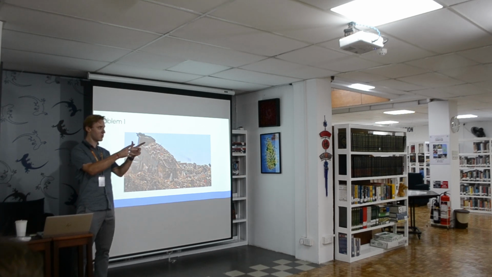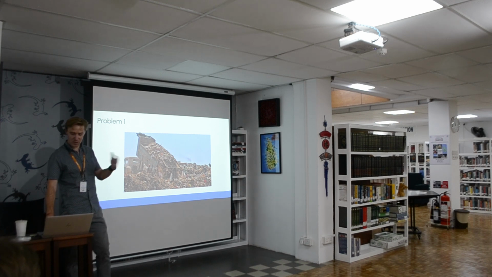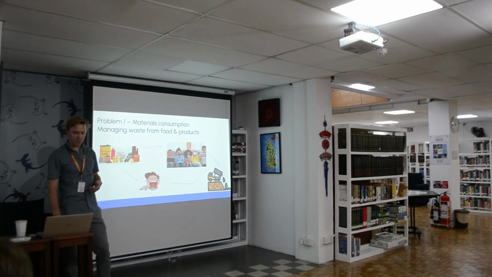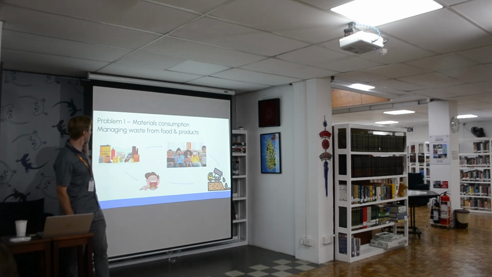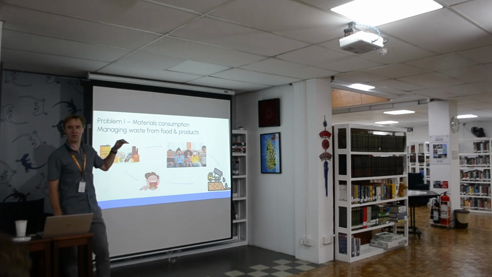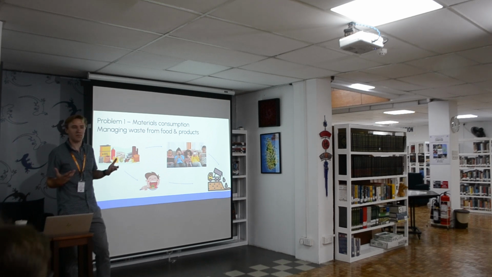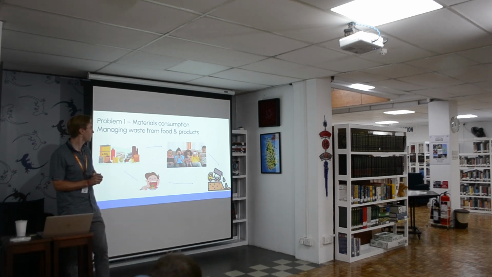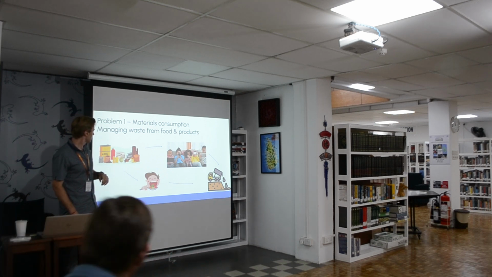I would agree with those two. I think the overconsumption is key, and then the other one is we don't know how to manage what's left after we've used it. And the segregation is part of that, I suppose. And it all comes down to really food and products that we have. We buy things all the time and we waste.